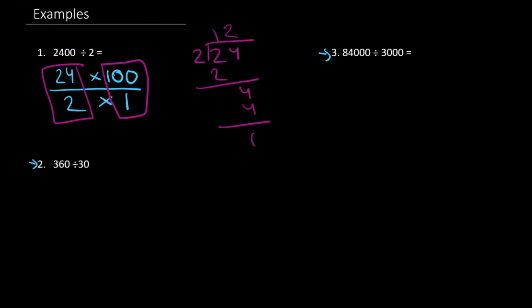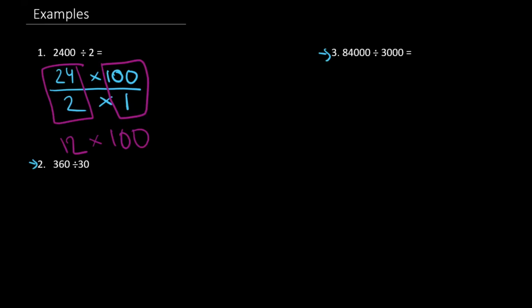So this would be 12, and our remainder is 0. So our answer for 24 divided by 2 is 12. And then 100 divided by 1 is 100. So then we do 12 times 100. 12 times 100 is 1200, and that is our answer for the first question.